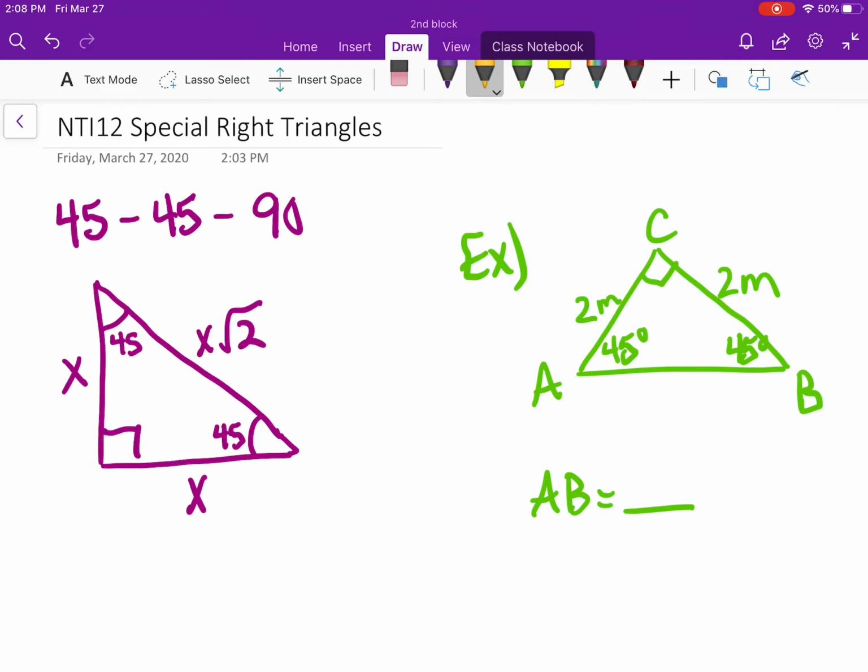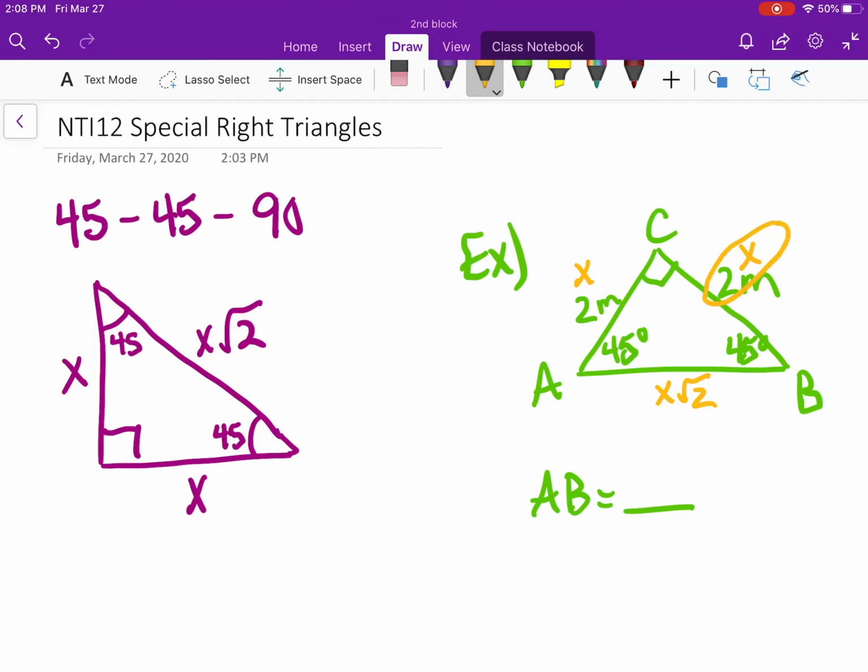Okay, so we're going to compare this triangle with the triangle I have my formulas written out for. And if you will notice, the two legs, the ones across from the 45-degree angles, the ones that meet to make the right angle, those are both x. So this would be side x, this would be side x. Side AB is my hypotenuse, so it's x radical 2.